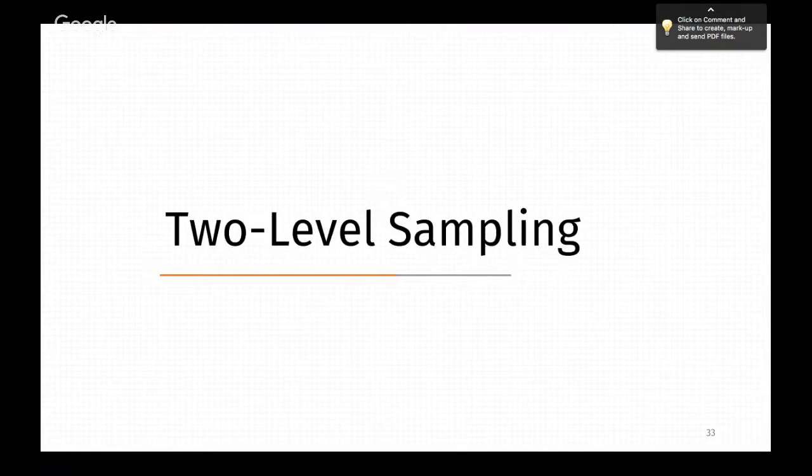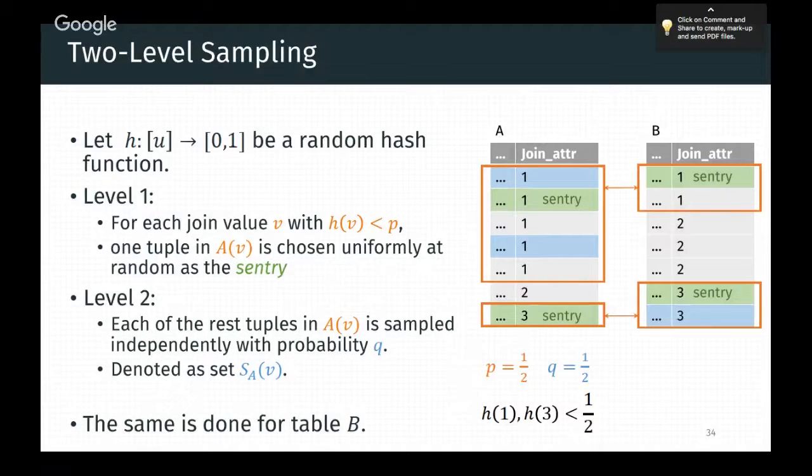To conquer their drawbacks, we propose our new algorithm called two-level sampling. For the first level, we also use a hash function to establish the relationship between two tables. We use a function h from the domain of the join value u to [0, 1].